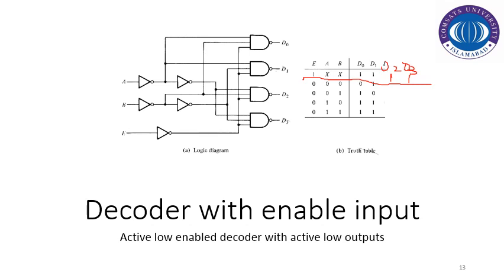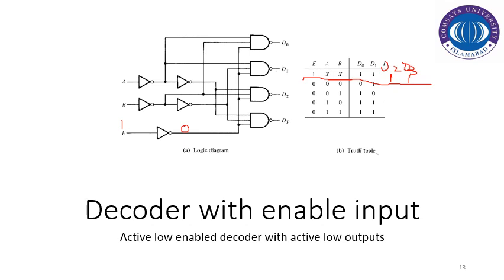So when this enable is switched to 1, this inversion makes it 0, and whatsoever the inputs A and B are, the outputs are switched to 1, 1, 1, 1. The outputs are not affected by the change in input.